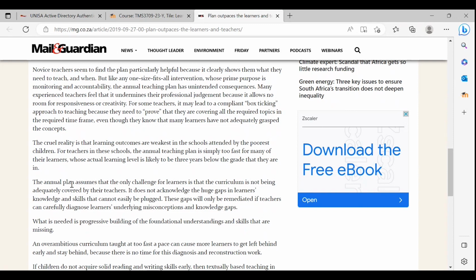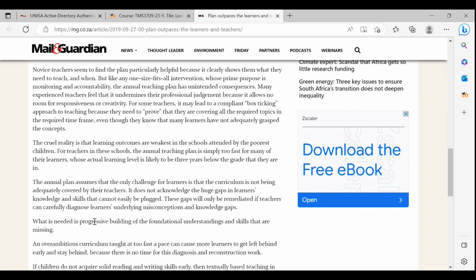The annual plan assumes that the only challenge for learners is that the curriculum is not being adequately covered by their teachers. It does not acknowledge the huge gap in learners' knowledge and skills that cannot be easily plugged. These gaps will only be remedied if teachers can carefully diagnose learners' understandings, misconceptions, and knowledge gaps.